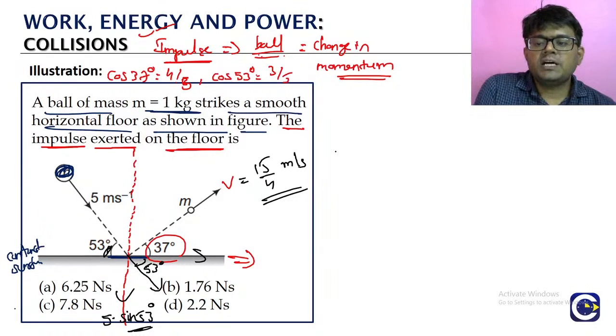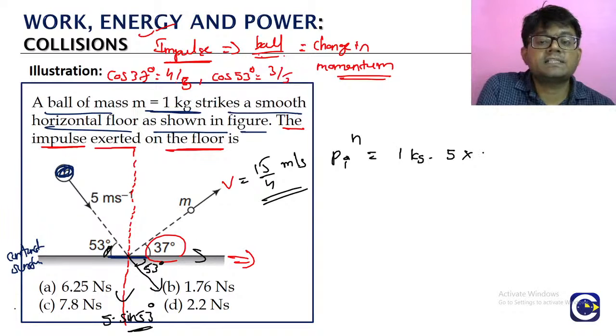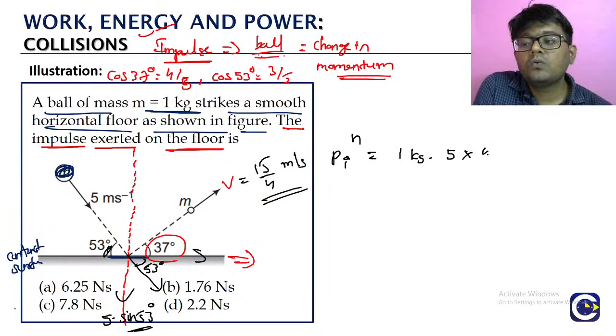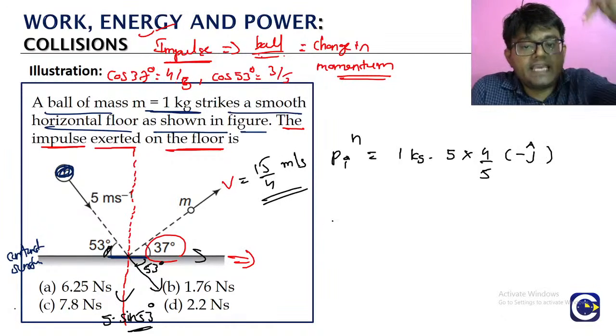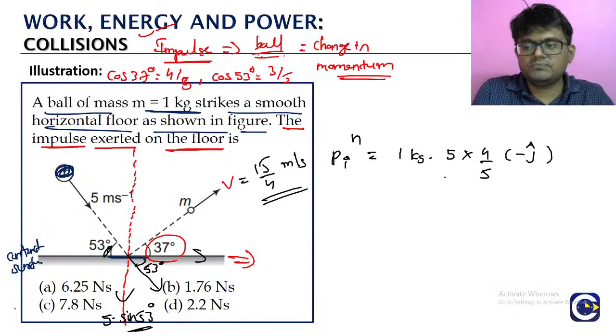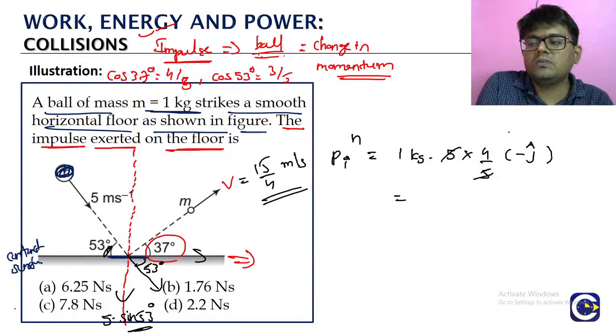So the initial momentum along the normal direction is mass of the body, 1 kg, into the speed 5 sin 53, and sin 53 is 4 by 5. We will take this direction as minus j cap, because it is downwards. So the 5 is cancelled, and it is minus 4 j cap kg meter per second. We can also write it like what?